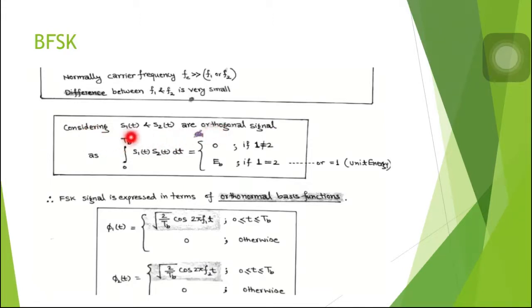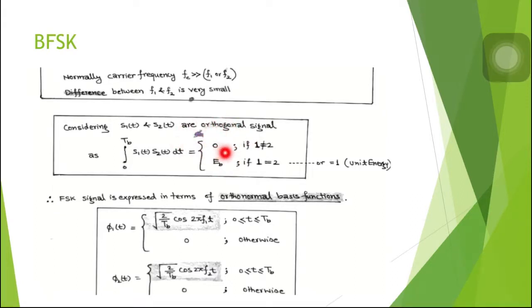Considering s1 of t and s2 of t as orthogonal signals. So what are s1 and s2? They are signals, right? So the integral from 0 to TB of s1 of t multiplied with s2 of t. When these signals are multiplied and we find the integral, we will get 0 or EB. So when will we get 0?